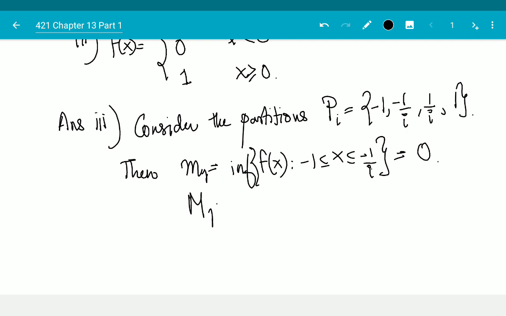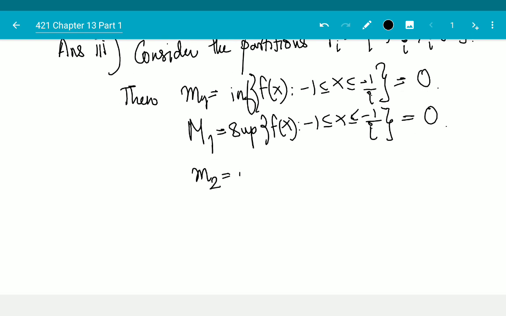Capital M1 is equal to the supremum of f of x from negative 1 smaller than or equal to x smaller than or equal to negative 1 over i. Well, the function on this interval is constantly 0, so this is also equal to 0.